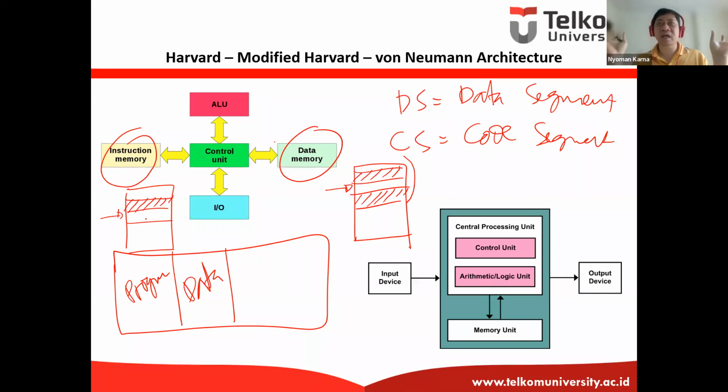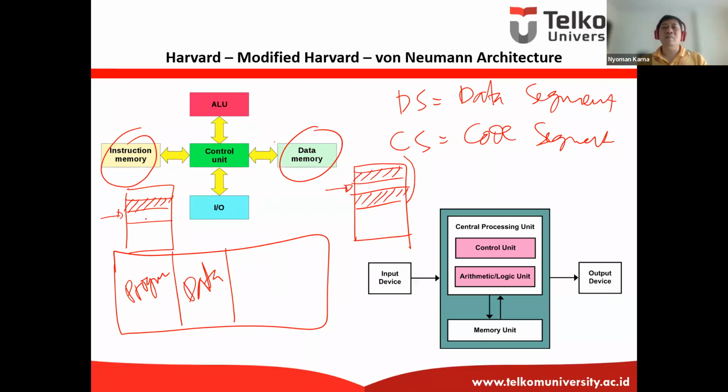It's a different type of device, different hardware. So what's the benefit of Harvard? Much faster than the von Neumann, but the drawback is that it is more expensive, because we need two memory devices, to store instruction and to store data.